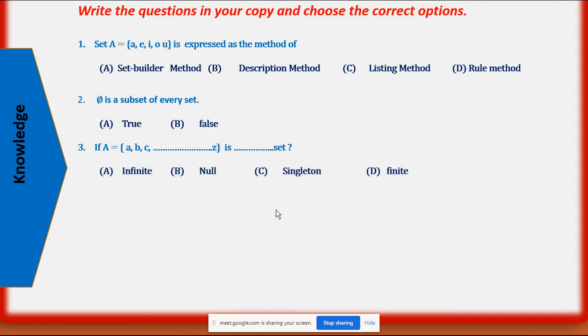If A equals this, is it a set: infinite, null, singleton, or finite? For question number 3, dear students, please mention your answer. Now it's the turn of question number 3.